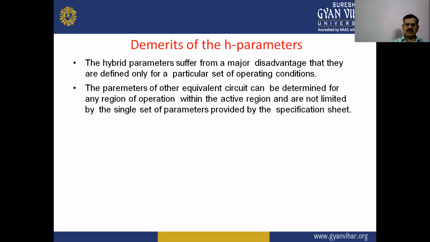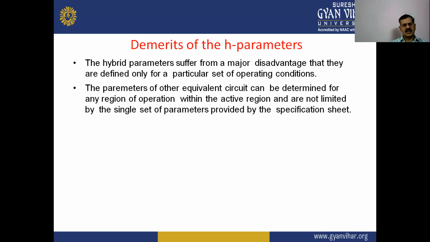We have some demerits of the hybrid models also. The demerit is that the hybrid parameters suffer from a major disadvantage that they are defined only for a particular set of operating conditions. So this is the first demerit of the h parameters.